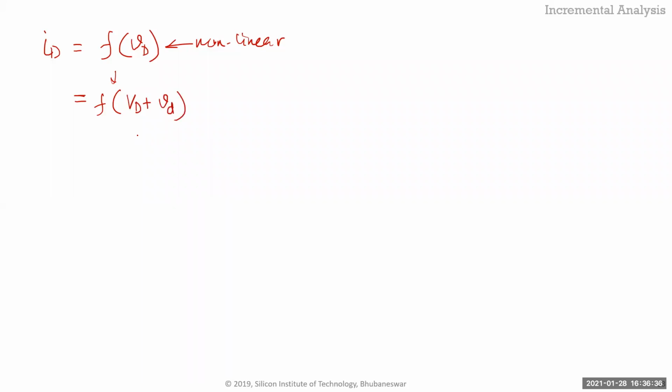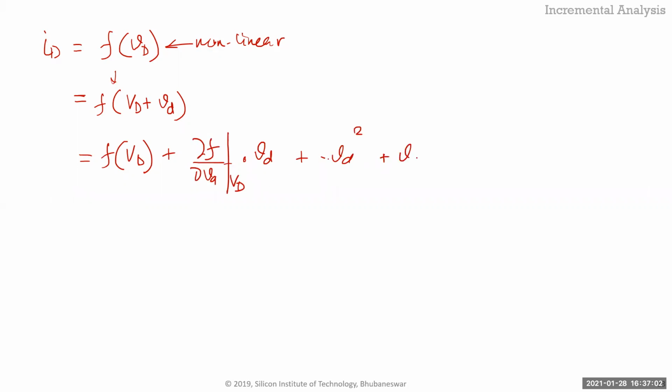If you do this Taylor expansion, you're going to get f of VD, right, plus the derivative of this function with respect to VD at VD. This is your DC operating point. In mathematical language at VD, but in circuit language at VD, right? Times the small signal. And then you're going to get the VD square plus VD cube term and so on, and you just basically neglect them, right?